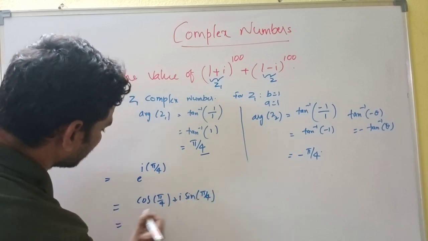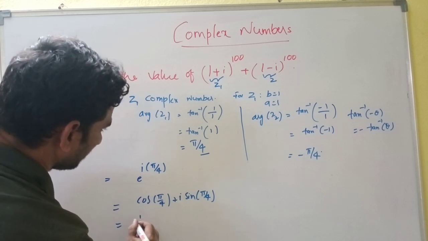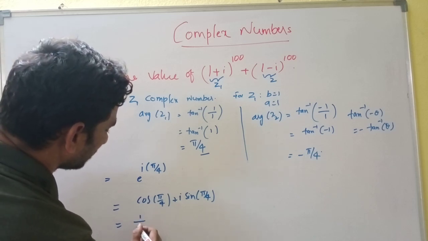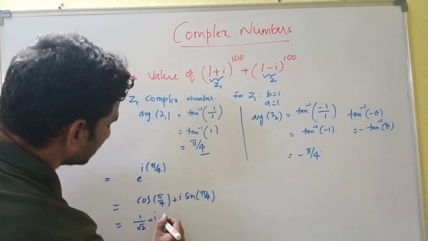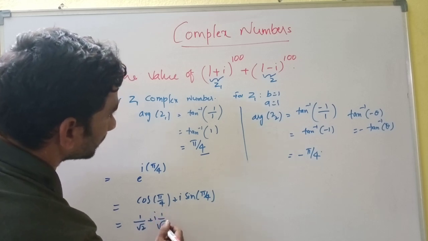So cos pi by 4 is 1 by root 2, plus i sin pi by 4, which is 1 by root 2.